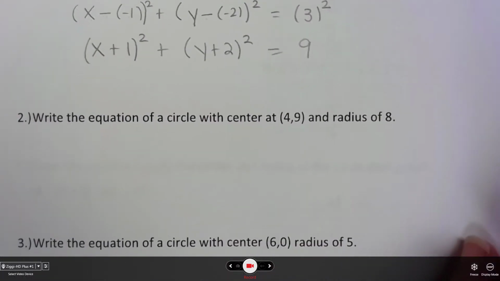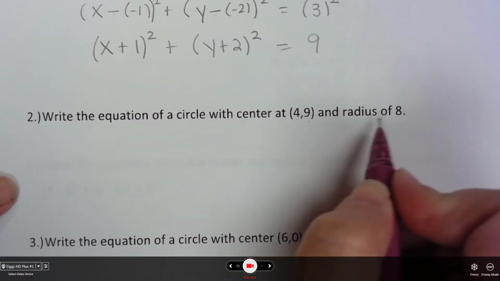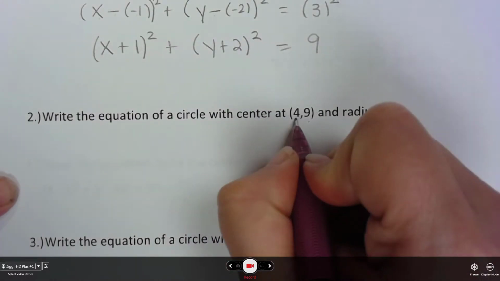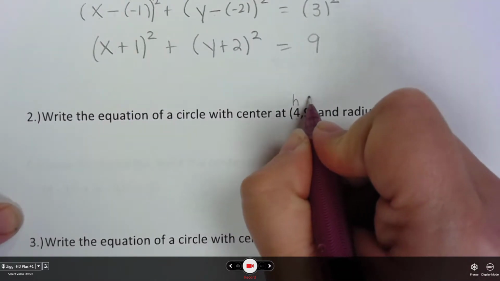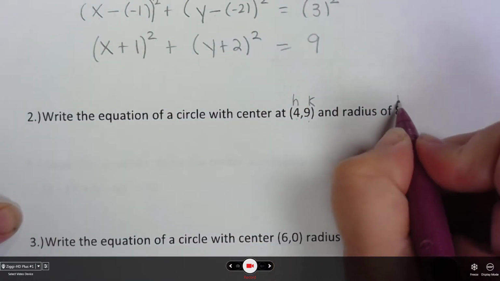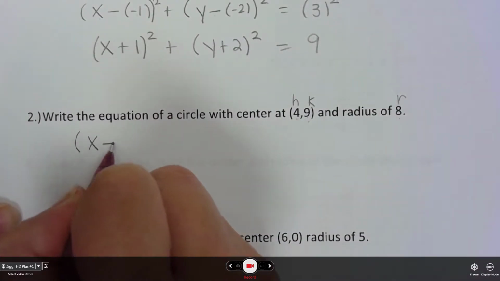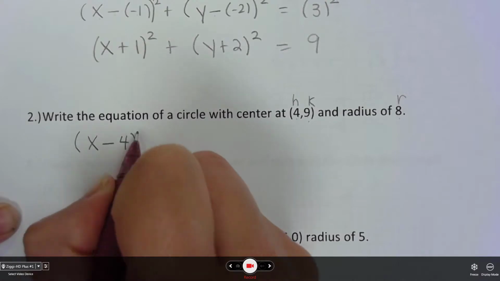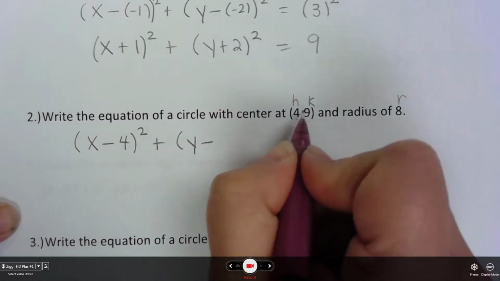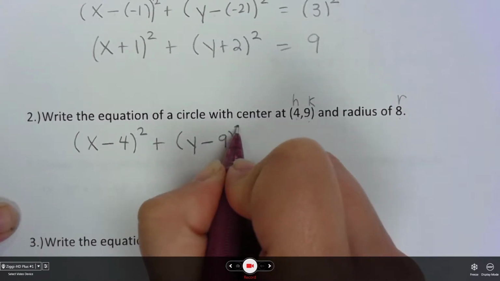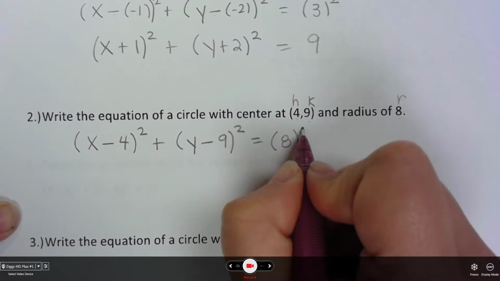The next one says, write the equation of the circle with the center at 4, 9, and a radius of 8. The x coordinate is my h value, the y coordinate is my k value, and 8 is my r. So I'm going to plug those in: x minus 4, quantity squared, plus y minus 9, the entire quantity squared, equals 8 squared.